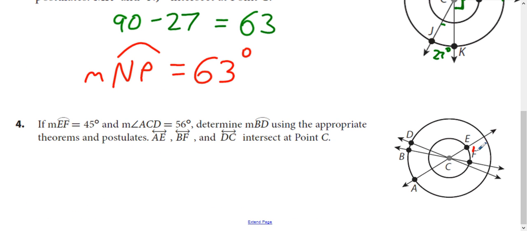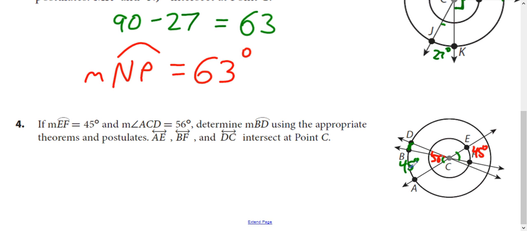EF is 45 degrees. ACD is 56 degrees. Now EF, you've got a vertical angle right here with just the portion right there. So that's also 45 degrees. But the whole thing we said is 56. We're trying to find BD.